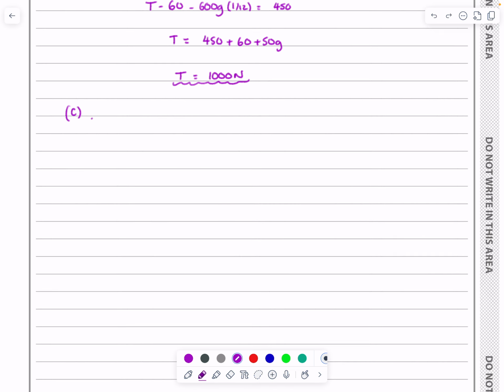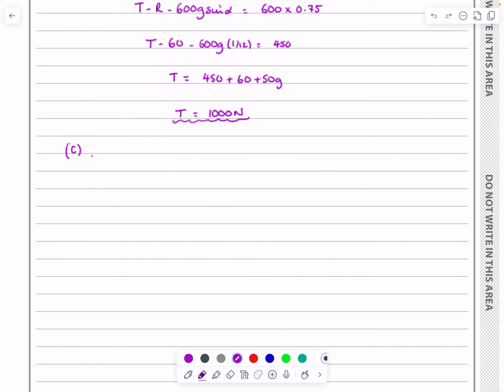So for the trailer, we know that T minus R minus 600g sine alpha is equal to mass times acceleration, but the acceleration isn't the 0.75 anymore because the T has gone. So that's my formula, and we know that T is equal to 0.